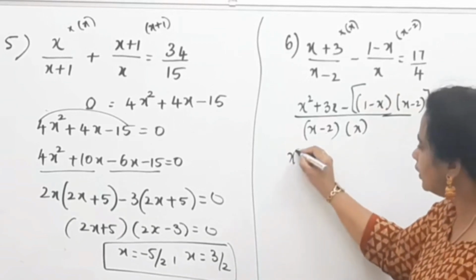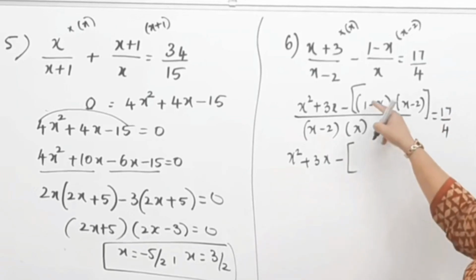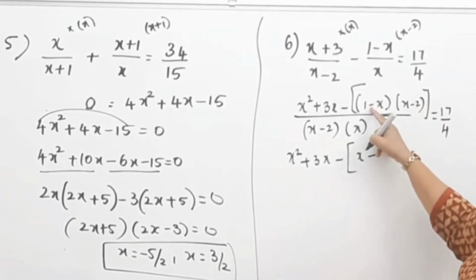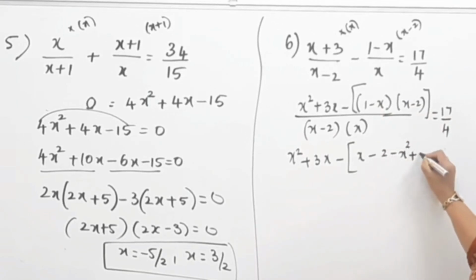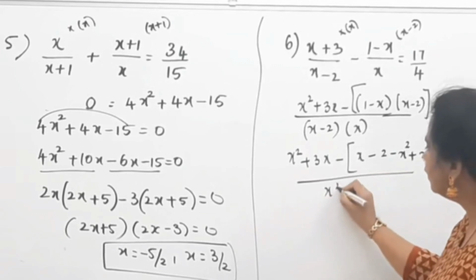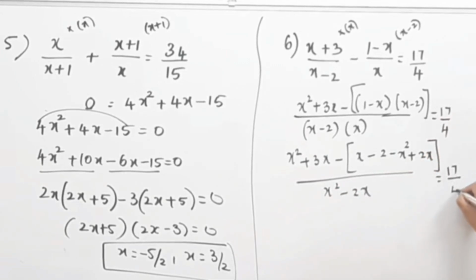Now x squared plus 3x minus, open the bracket and multiply, (x minus 2) minus x squared plus 2x, divided by x squared minus 2x is equal to 17 by 4.